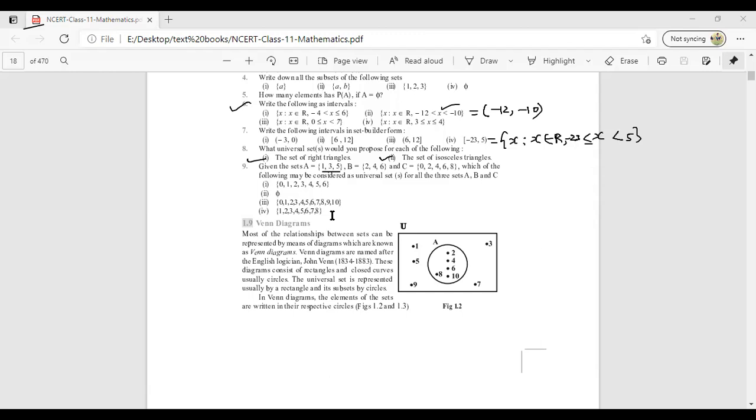Since 0 is also there, we have to take the one with 0, but 8 is not there here, so we will take this one. Third will be the universal set. Universal set means the set which contains all the given sets.